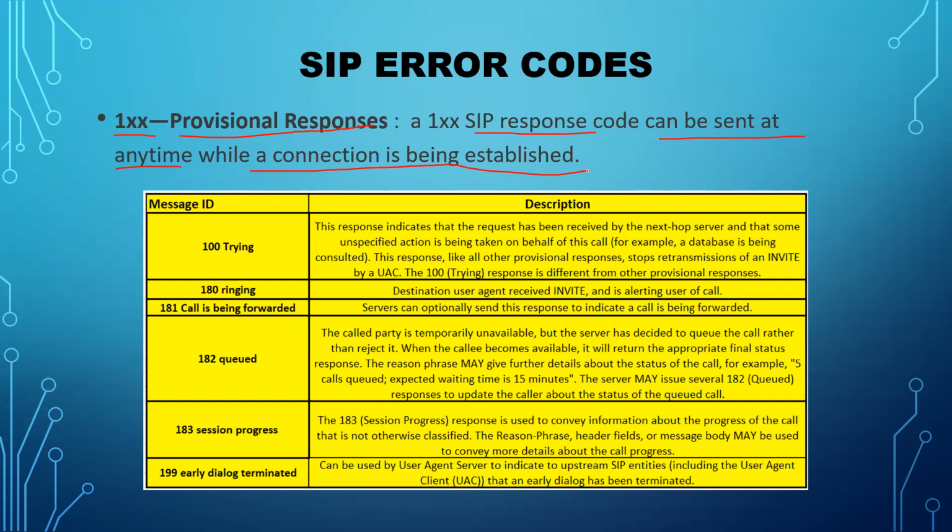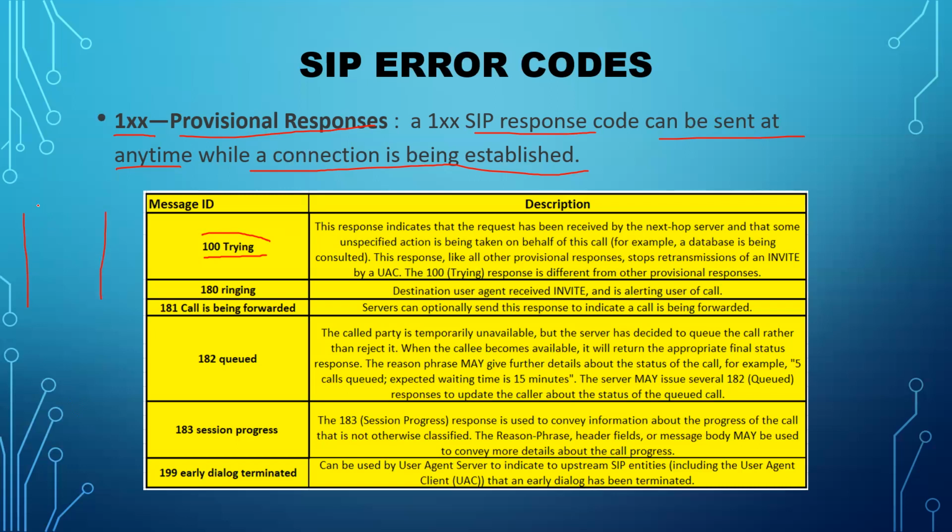So if you are sending an INVITE, then you are pretty sure to get the very first message, which would be 100 Trying, as you can see here. The first message here is 100 Trying, right? Now what is the main purpose of this 100 Trying message? As soon as you send an INVITE, if you are not getting anything from the server side, let me explain it this way.